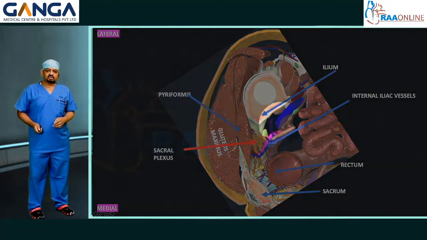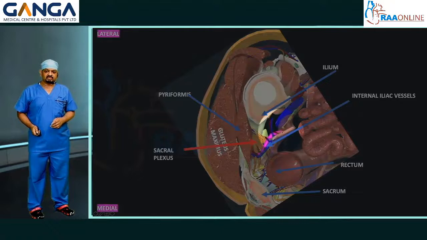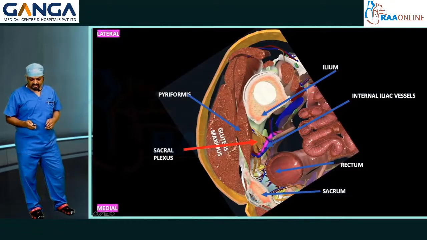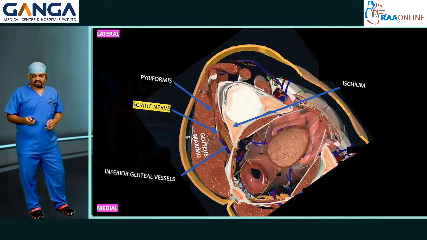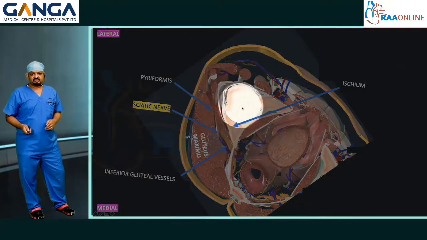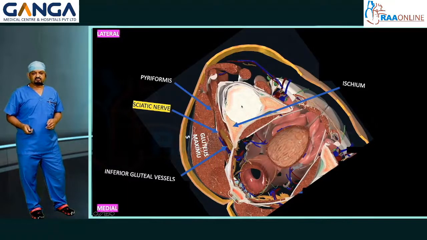You also see the various major organs in the pelvis in close proximity to the sacral plexus, like the rectum, internal iliac vessels and colon. As you go further down caudally, you see again the bony landmarks of ischium and sacrum, and the sacral plexus is coming out.